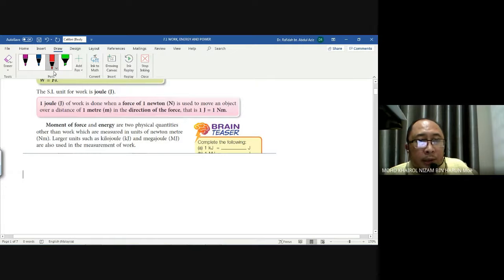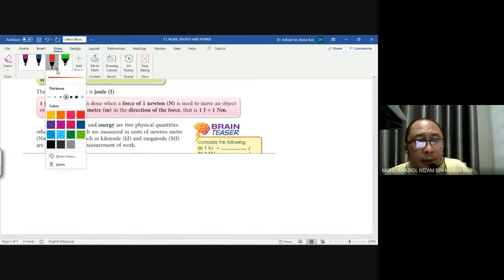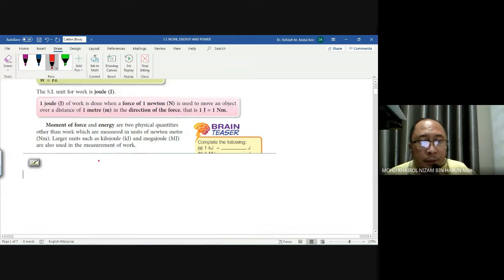Okay, work is done when a force acts on any object over a distance in meters.